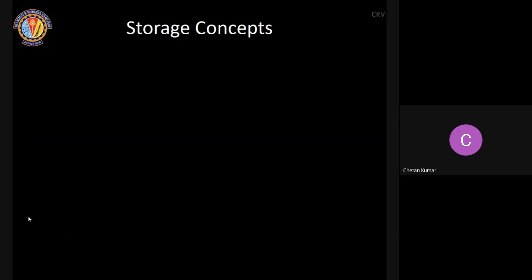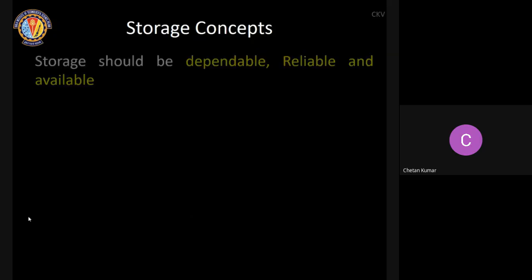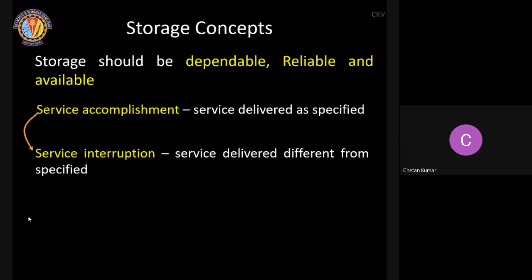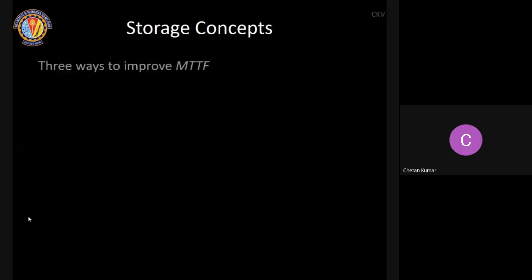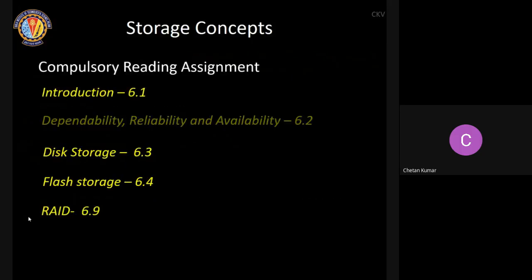I think with that, this I/O related topic is done. There are storage concepts which talk about many things, and I'll give them as a reading assignment. You have to read through these topics for understanding the storage concepts.